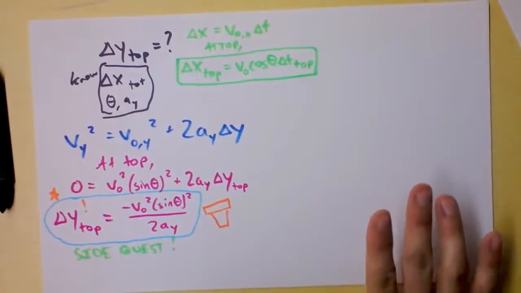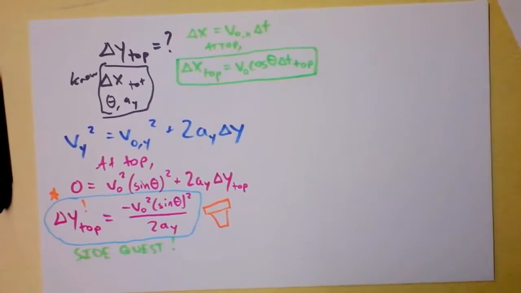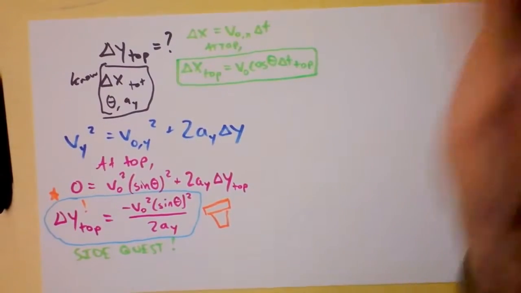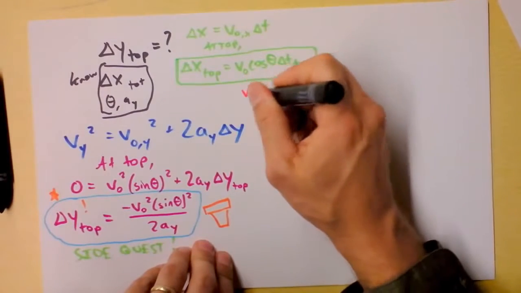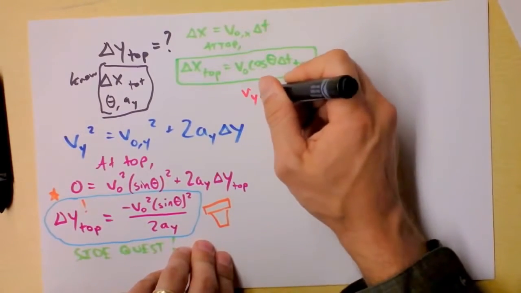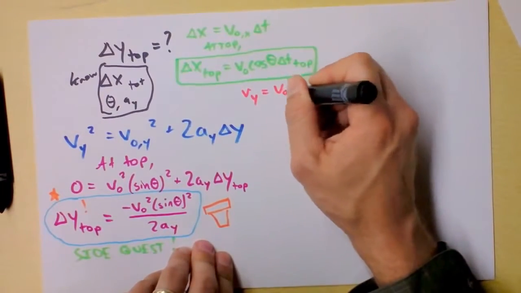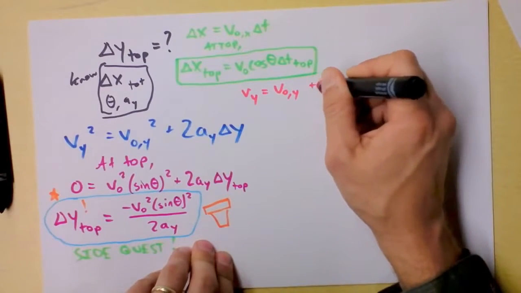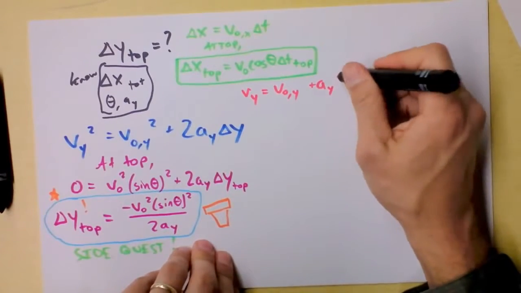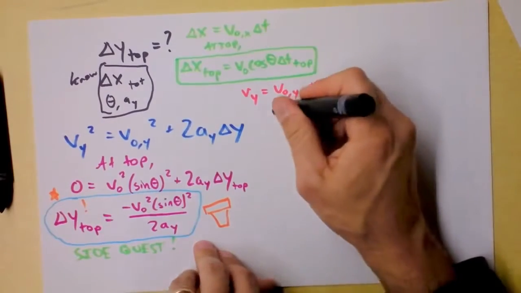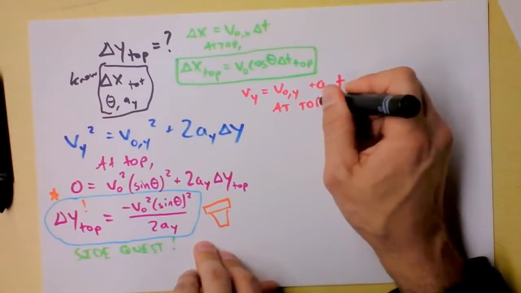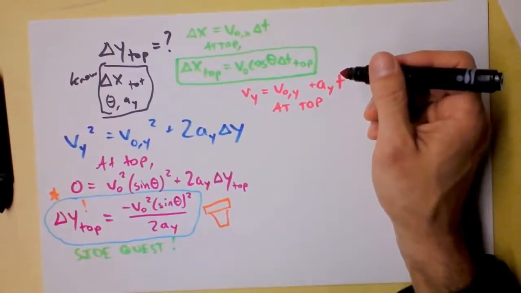The third equation is the definition of acceleration, and I'll look at that in the y direction. It says the velocity in the y direction is the initial velocity in the y direction plus the acceleration in the y direction times time. And at the top, see how we keep doing this? We're trying to use the top to attack this problem.